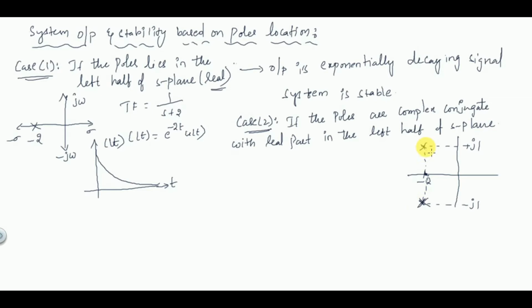So now the poles are complex conjugate and the real part of the poles lies in the left half of S-plane.